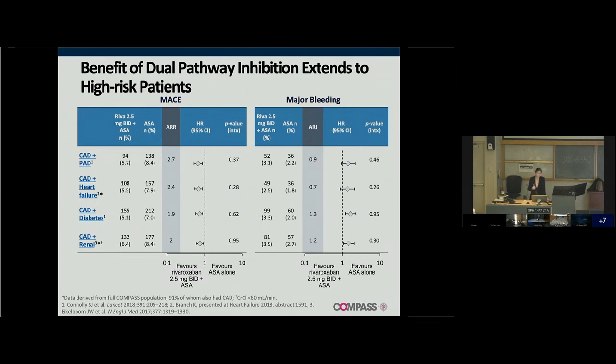So these are the patients with CAD and PAD, the patients with CAD and heart failure that's not severe, so the EF is still 30% or higher, NYHA class 1 or 2, or those patients with renal disease that's not severe, so GFR over 15. These patients actually had benefit in terms of the dual pathway inhibition compared to aspirin alone. The bleeding risk is high, but not out of the ordinary for what you would expect from the overall population.